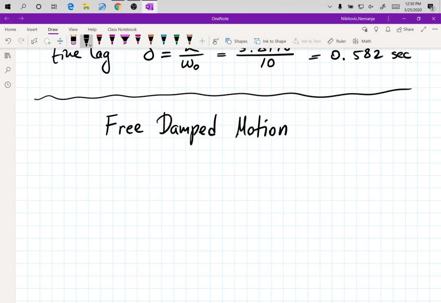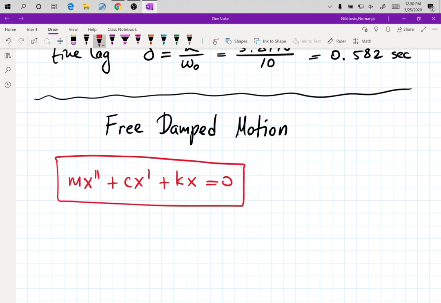So now our main equation is mx double prime plus cx prime plus kx equals 0. We are introducing the damping constant c. And now, again, we would like to have m gone from the first term, so we are dividing everywhere by m again.